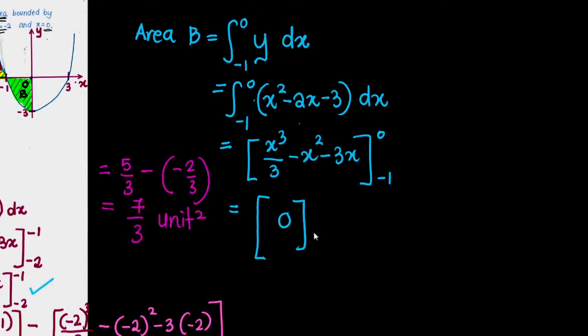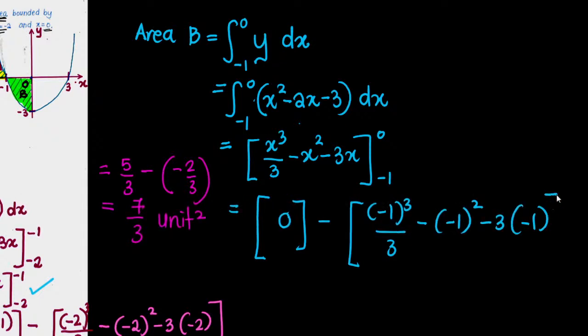So here is 0 minus negative 1 cube over 3 minus negative 1 square minus 3 negative 1. So use your calculator, you will get 0 minus negative 1 over 3 minus 1 plus 3. We get 5 over 3, but because got negative in front, so minus 5 over 3 unit square.